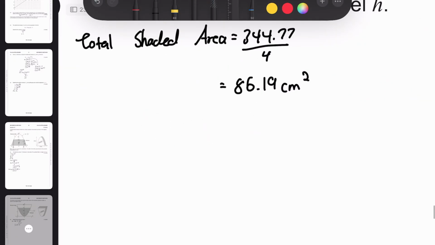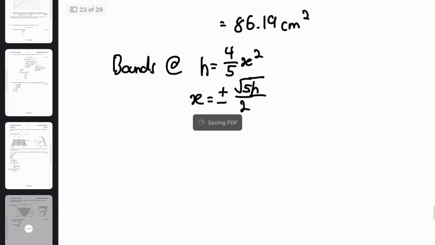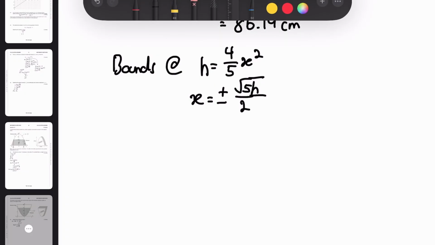So okay, let's find the bounds first. Bounds at h is equal to 4 on 5x squared. So then to find x, it's just going to be plus or minus square root of 5 on 2 square root of h. Okay, so then those are our bounds.